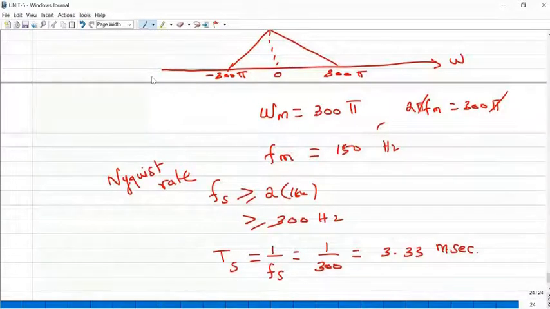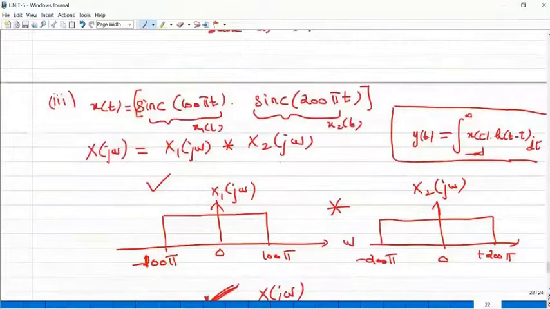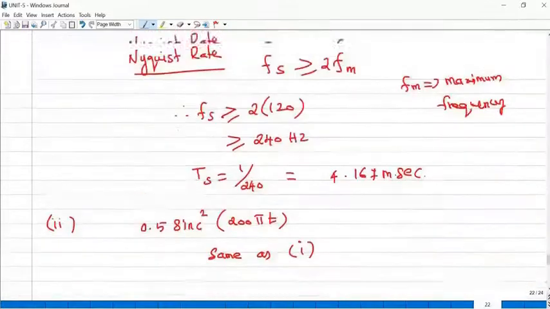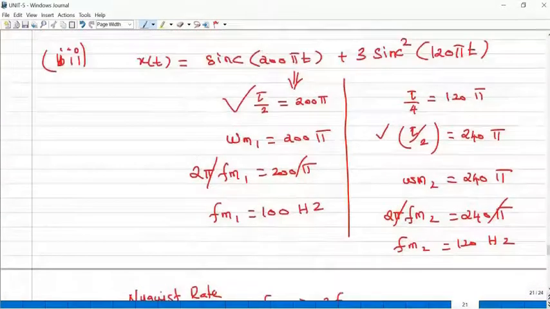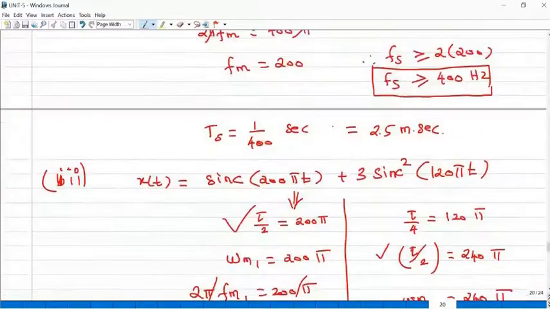In all aspects we covered sinc pulse, sinc square, or product of sinc pulses. Please check your question paper carefully, whether it is a sine or cos function or a sinc function.